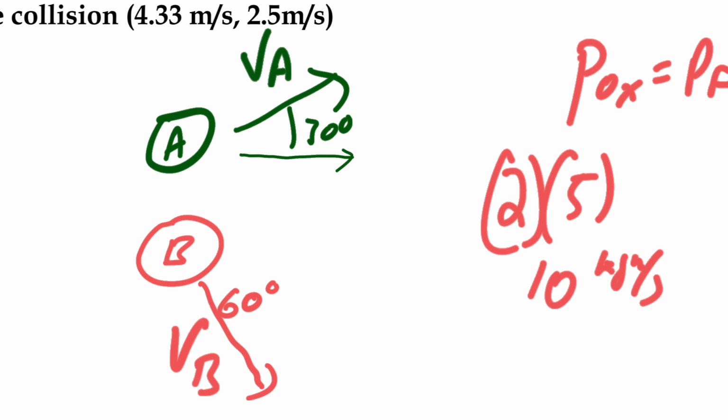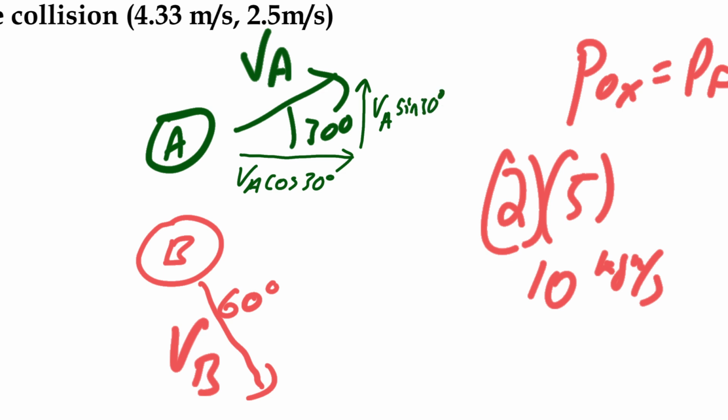And what I'm going to call this is VA cosine of 30 degrees. And I'm going to do this for all four of these directions. So for example, in the y direction, we could write this as VA sine of 30 degrees.